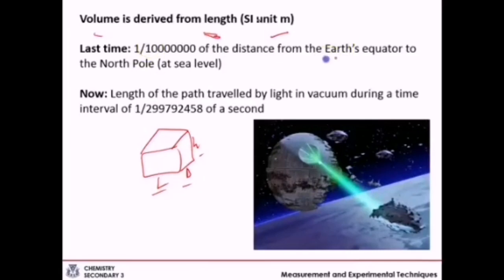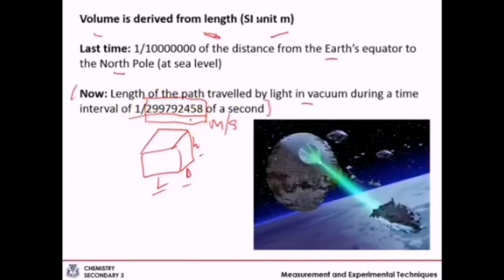But now the length of the path traveled by light in a vacuum during a time interval of 1/299792458 of a second is termed as 1 meter. So that is the basic definition of meter.